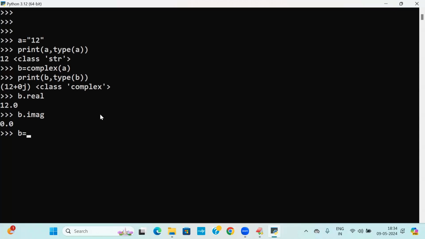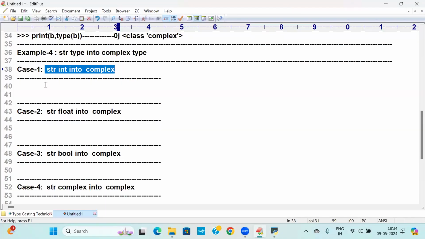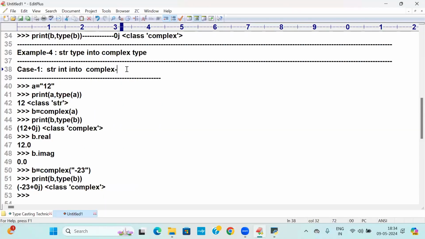Coming to the next point, complex of, what I'm writing within that is minus 23. Possible or not possible? So, students, now I'm writing B of minus 23 plus 0j. So go to the place now, students. Here I'm writing this data. It is possible.